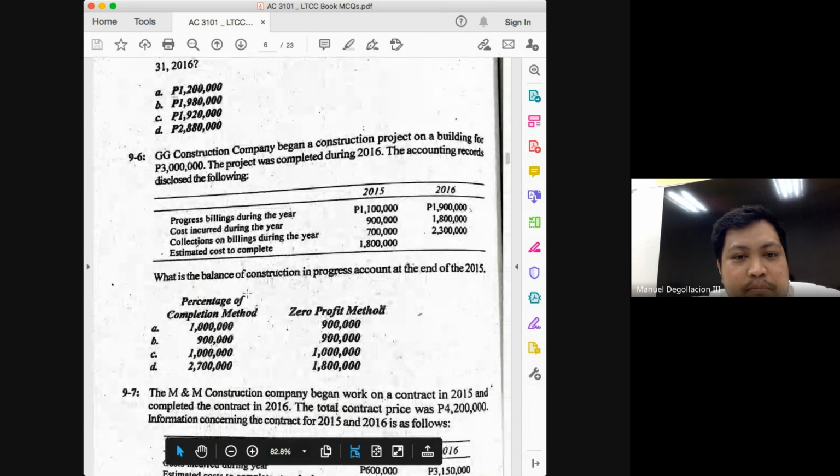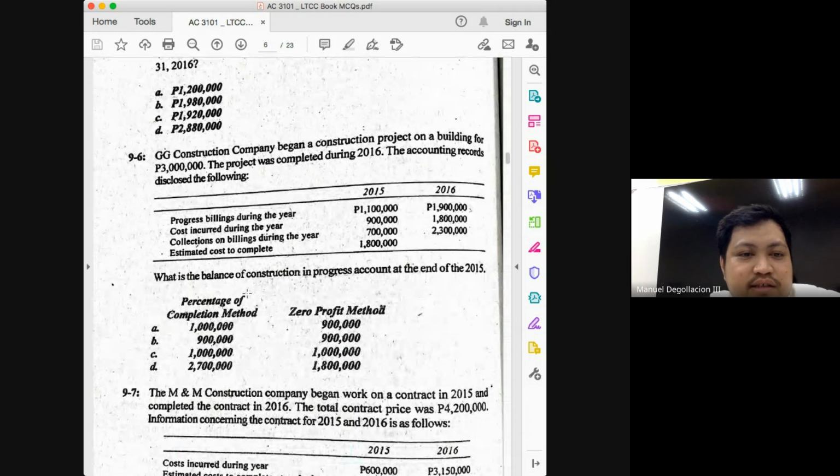9-6. Percentage of completion method. Why is there, 9-6, zero profit method. Why do we not have zero in the choices? Let's see. The project was completed during 2016. So in the year of completion, you recognize the entire amount of profit.